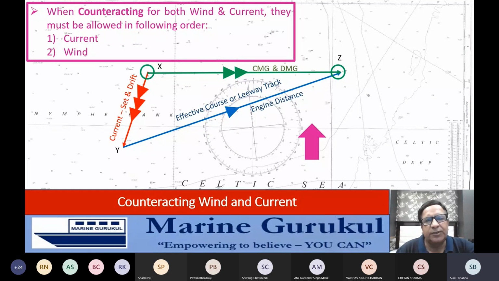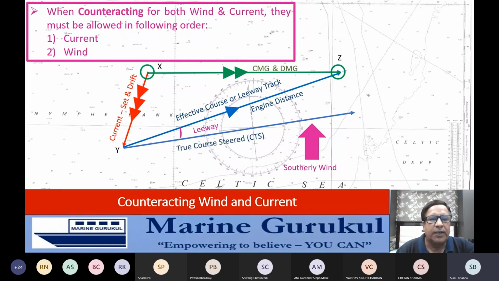Wind experienced, if it is southerly, is represented by the wind arrow. Then to counteract wind, we draw the leeway into the wind or to the windward. This is how the leeway will be counteracted into the wind, and the track that we obtain is the course to steer track.